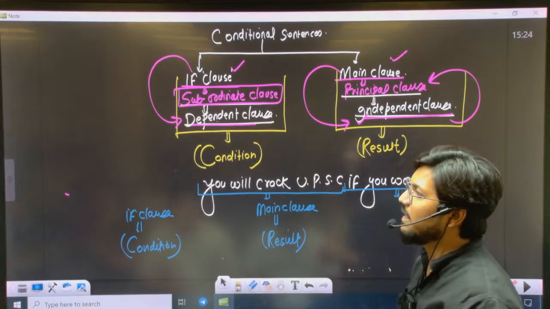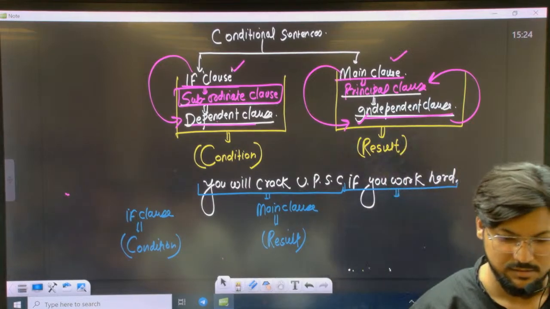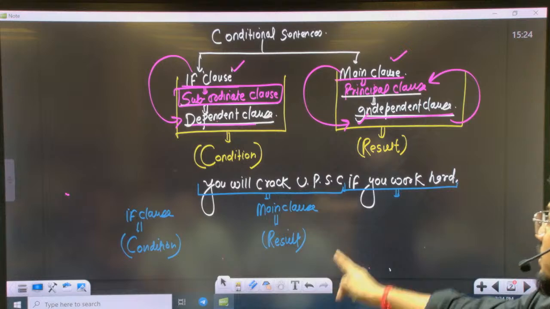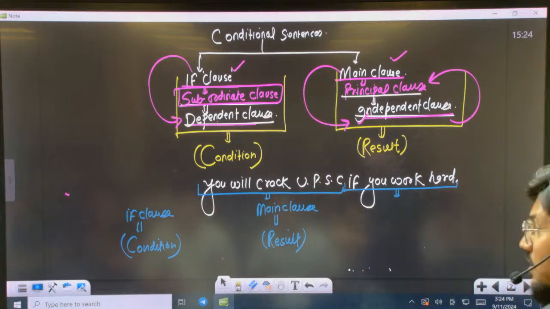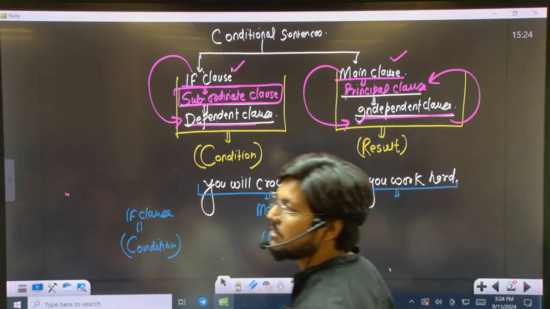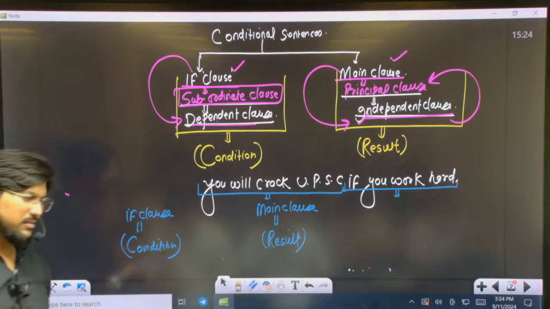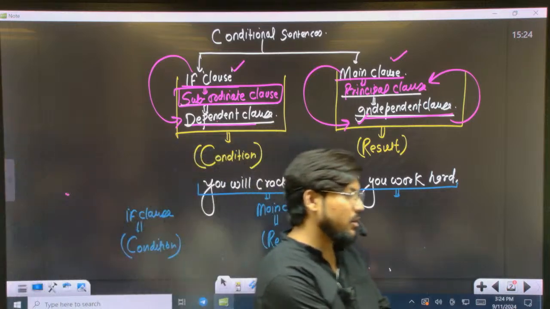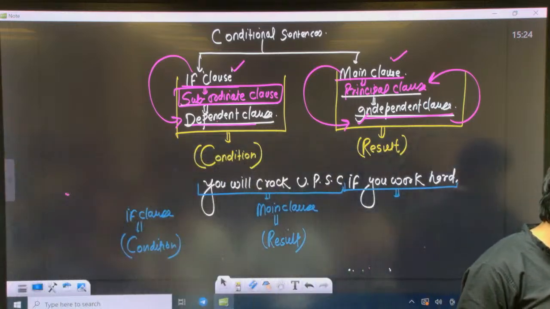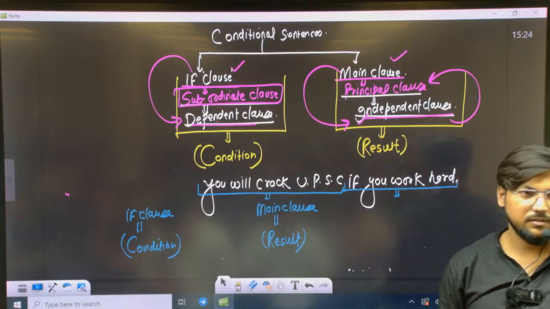Is the sentence incorrect or correct? You will crack UPSC if you work hard. So the sentence is correct. You can start your sentence with the main clause as well. The sentence has no error here.